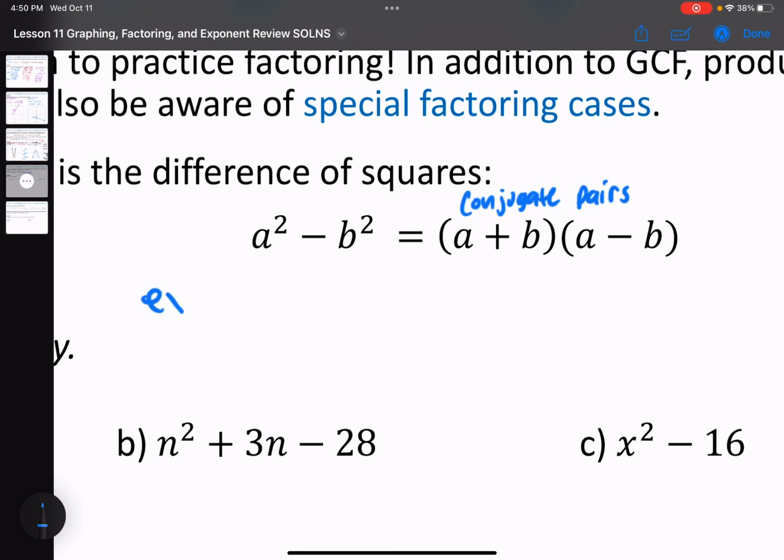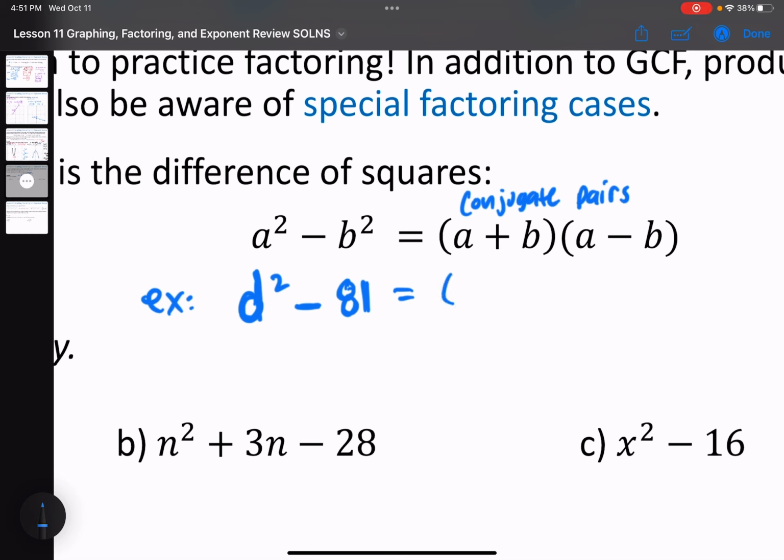For example, if I had something like d squared minus 81, what I could do is note that both d squared and 81 are perfect squares, which means if I take the square root of d squared, I just get d, and if I take the square root of 81, I get 9.